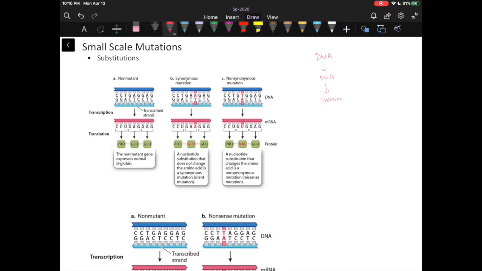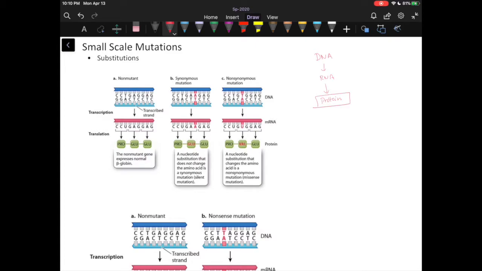Actually, the template strand is what is transcribed, but the coding strand is the same as the transcribed template strand. Anyway, if something is changed in the DNA, like base pairs, it's going to alter our final protein structure.